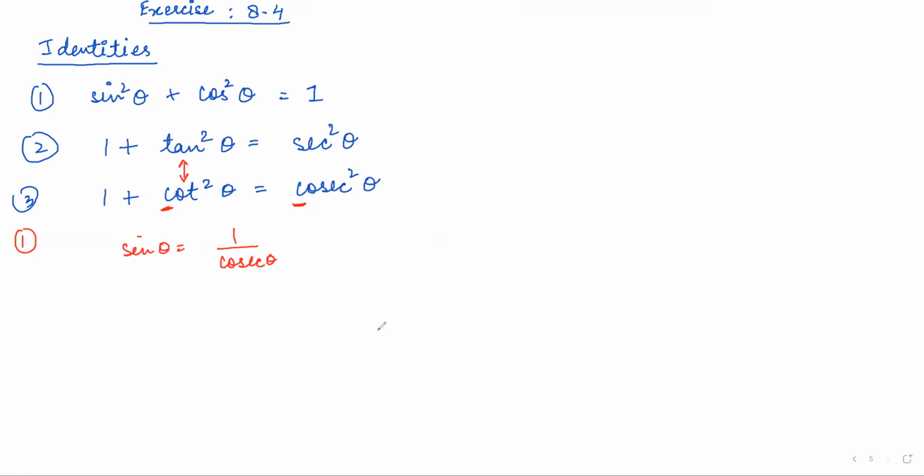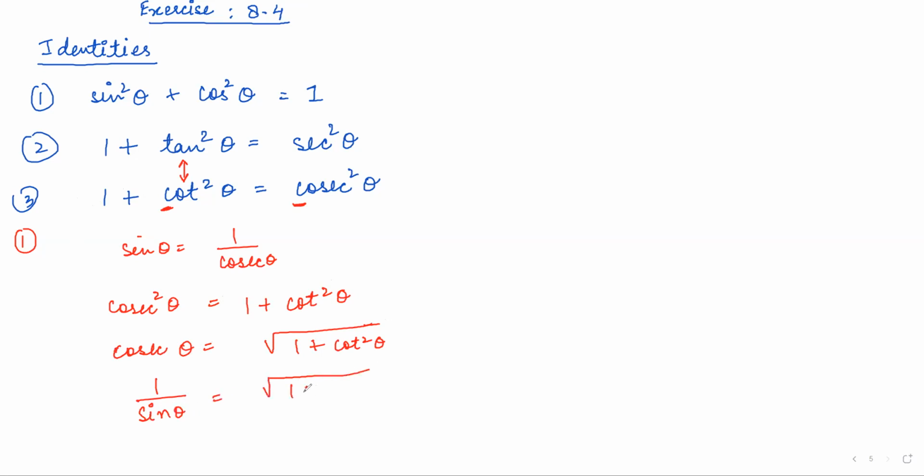Correct? Now you use the third identity that cosec square theta is equal to 1 plus cot square theta, right? That means your cosec theta is under root of 1 plus cot square theta. Now cosec theta is 1 upon sin theta, so 1 upon sin theta is under root of 1 plus cot square theta.